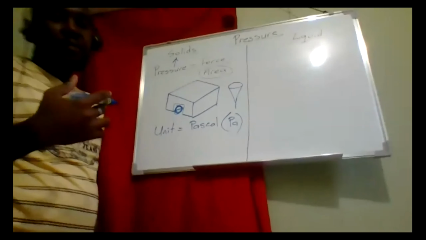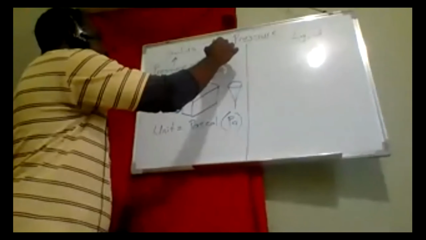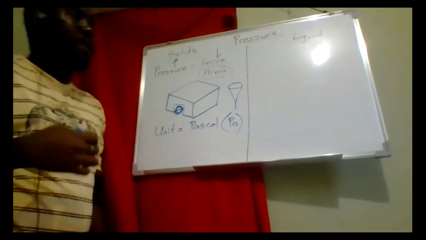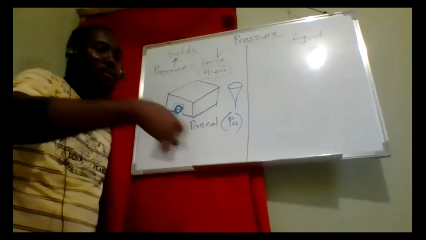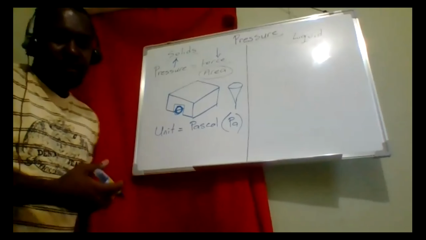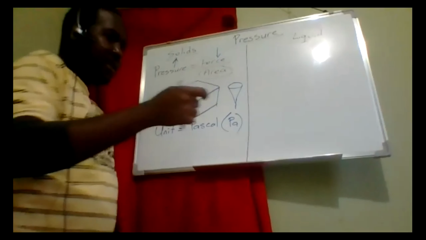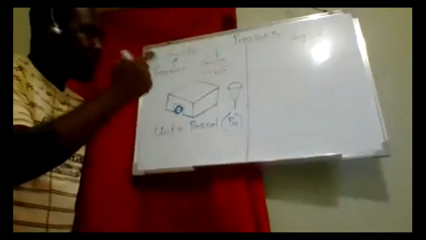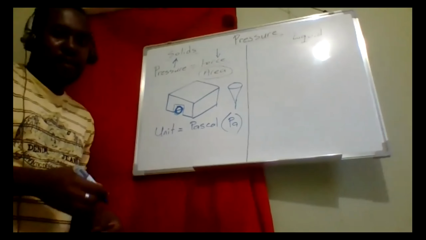So small area means a high pressure, which means we just need a small force to be applied for that nail to actually start penetrating the wood or the wall. So that's why the nail is not just pointed, it's also made with that small tip, because it reduces the area of contact, right?